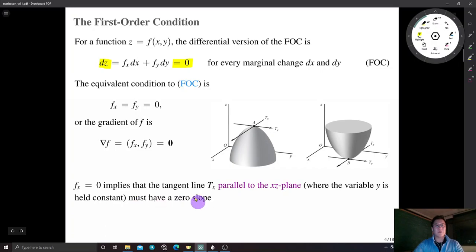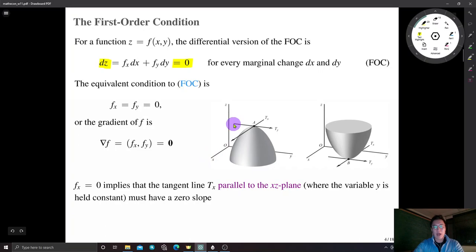Okay? And similarly, f sub y equal to 0 implies that the tangent line t sub y, now this one, is parallel to the zy plane, where the variable x is held constant. Okay? On the zy plane, x is fixed.